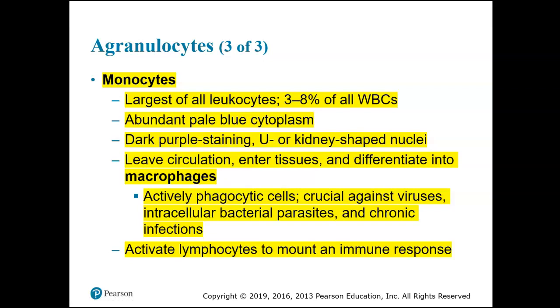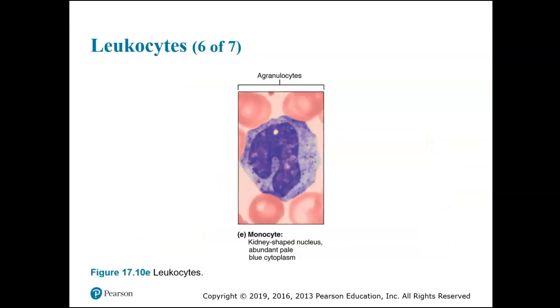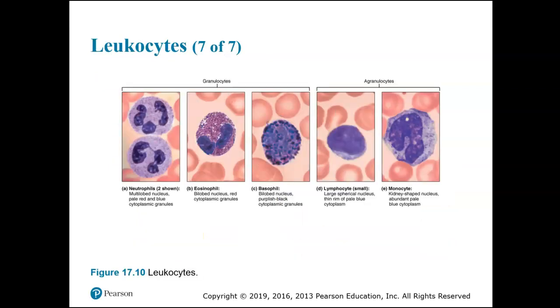Macrophages are active phagocytes, and they are able to engulf a large amount of viruses, virally infected cells, bacterial parasites, chronic infections. They're like the garbage collectors or the cleanup crew of infections. And they are able to activate lymphocytes to mount an immune response.